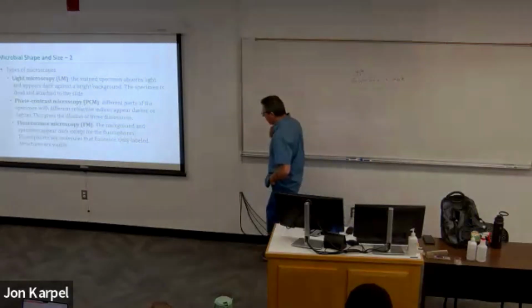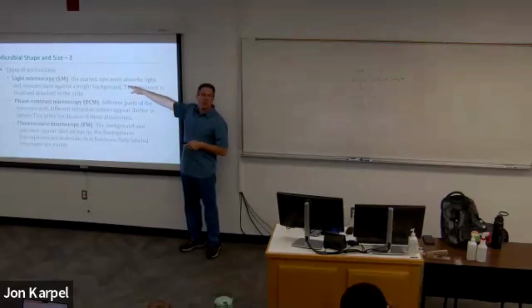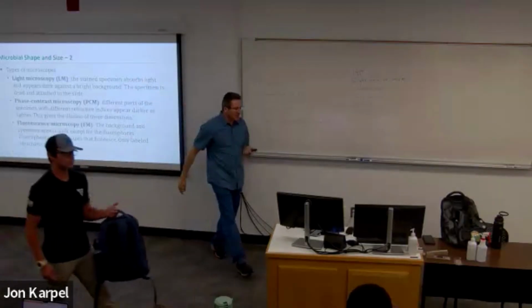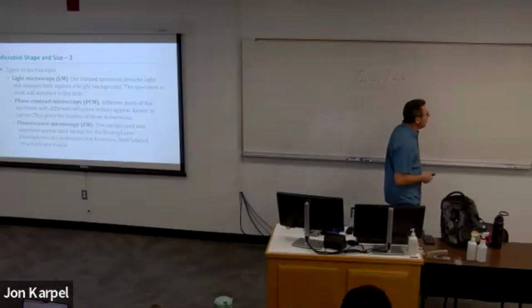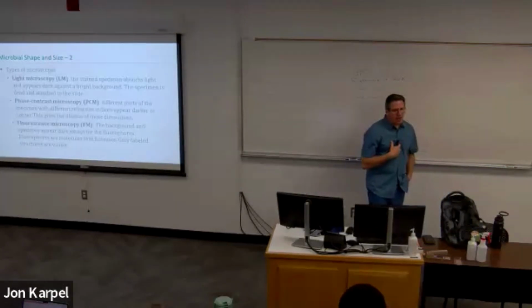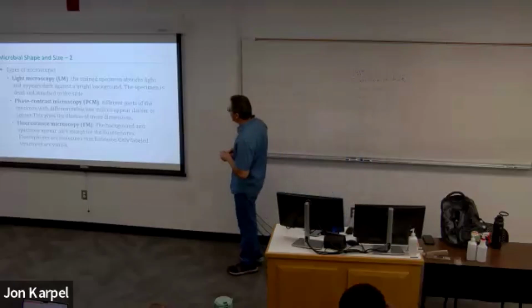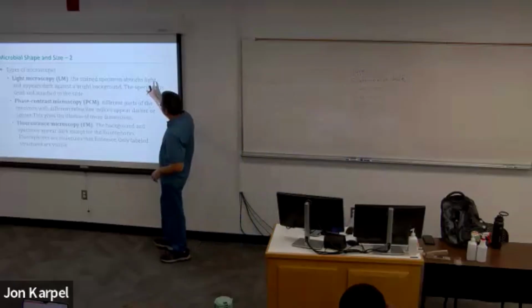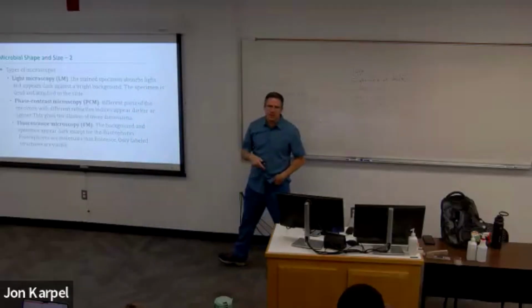Okay, what are the different types? The truth is we're only going to use one type in the lab, light microscopy. But there's lots of different types depending on what you're trying to do. With light microscopy, you can use either stained or unstained organisms, and most of them are going to absorb light and look dark against a bright background.